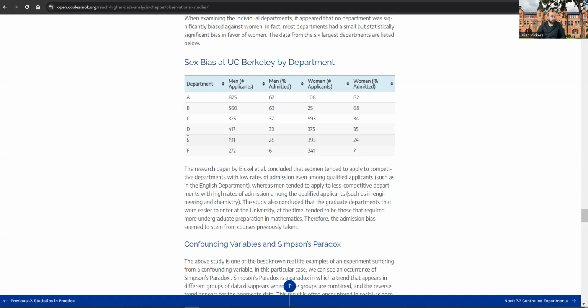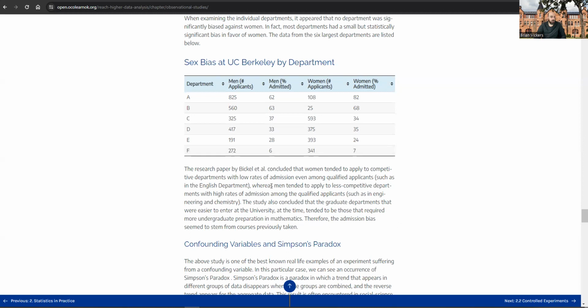You had Department E, for example, 393 people. Admission rate was pretty low to begin with. Department C, for example, there's only 30-something spots available, so 30-something people got in on both, but 200 more women applied for the position. So it's still about equal in total number of men and women who got into it, but it's a more competitive department. They could only take so many.